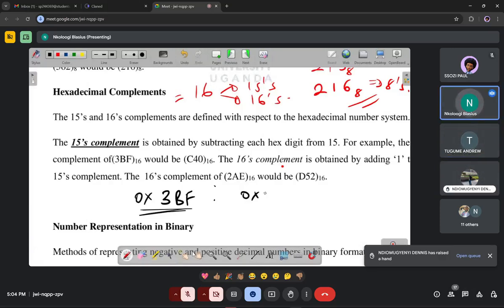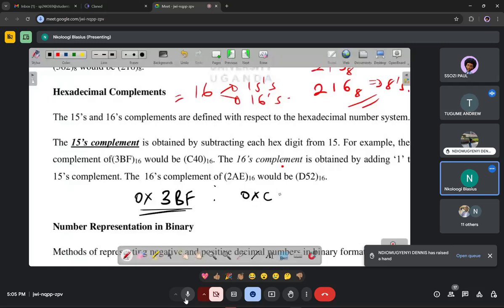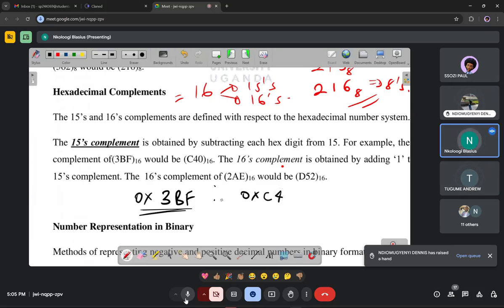And what is 12? Do I write 12? C. Is it C? Uh-huh. C. And then what is a B? 11. So 15 minus 11. 4. So you write a 4 here. This is F, which is 15. 15 minus 15, 0.